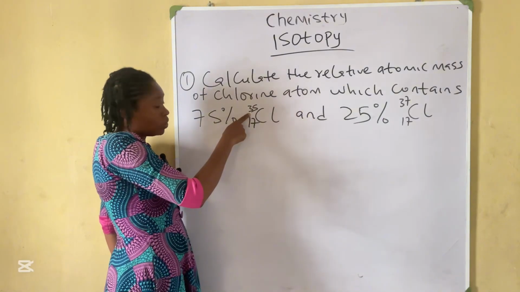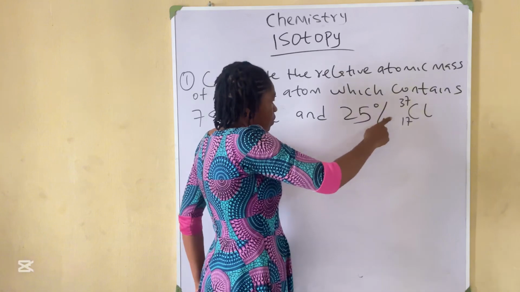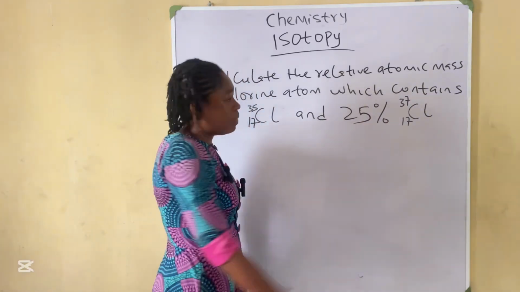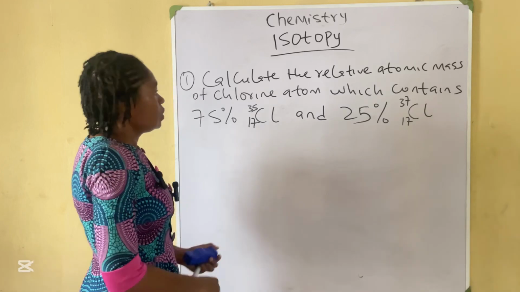Okay, let's calculate the relative atomic mass of chlorine, which contains 75% of one of the isotopes having mass number 35, and the other 25% with isotopic mass 37. Let's look at it.